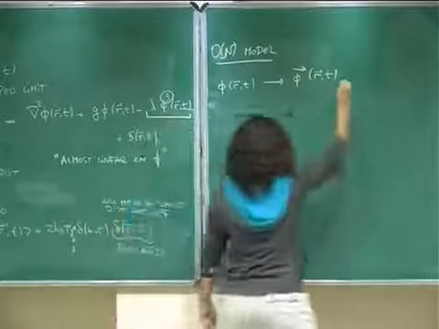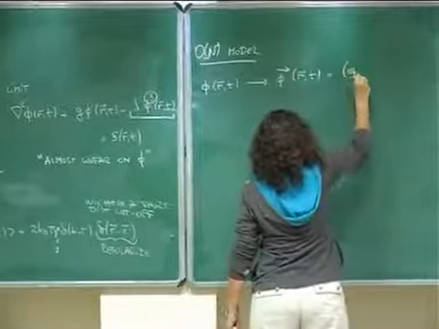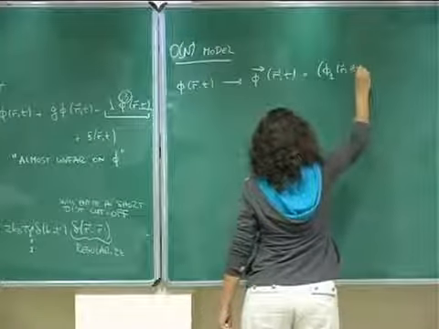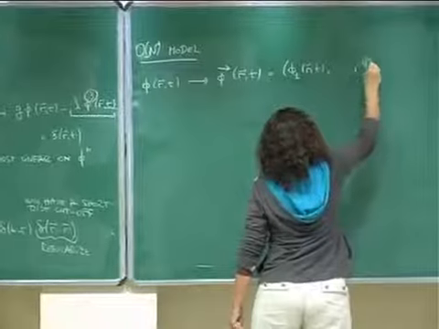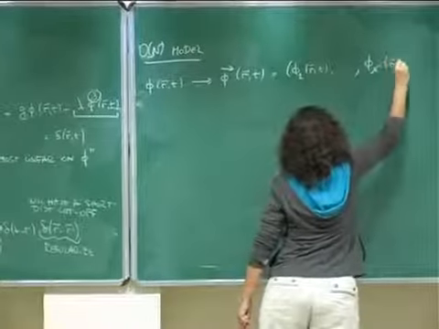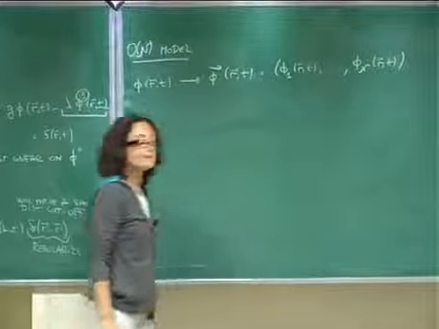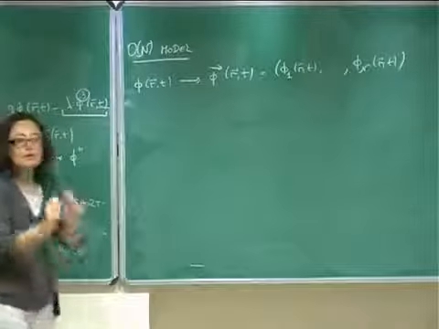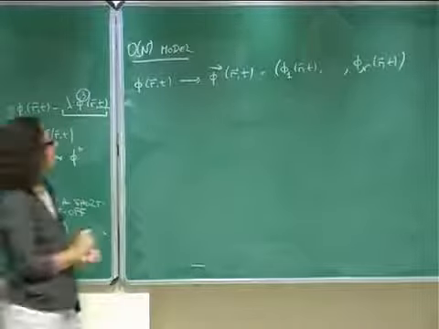And this vector field will have N components.